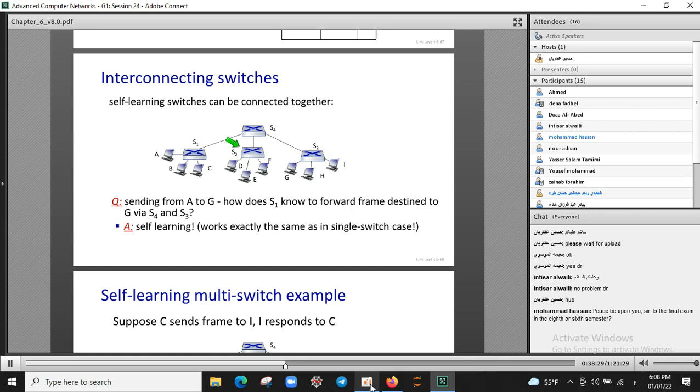So I can use smaller switches, connect different hosts to those smaller switches using UTP cables, and after that use fiber cables to connect those smaller switches to the strongest switch inside the building.